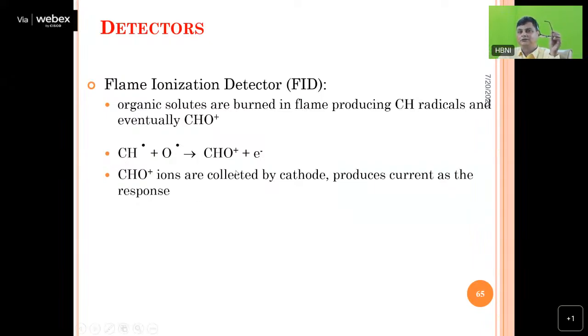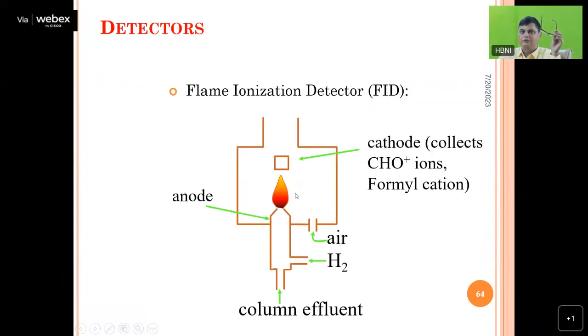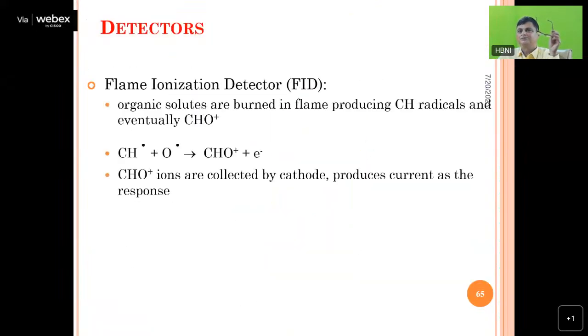This is how the formyl radicals are generated in the detector. Then these ions are collected by the cathode and produce a current, because there is an anode and a cathode. So an electrical signal will be generated, and then it is recorded. That's how the concentration of the analyte is determined.